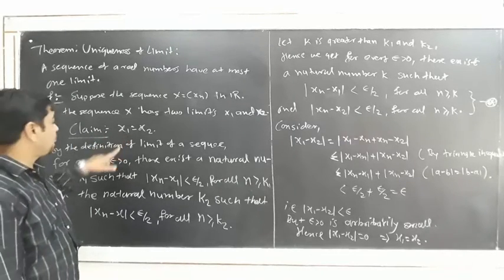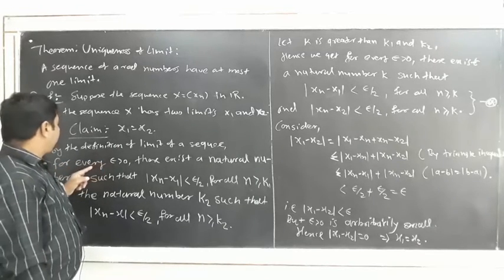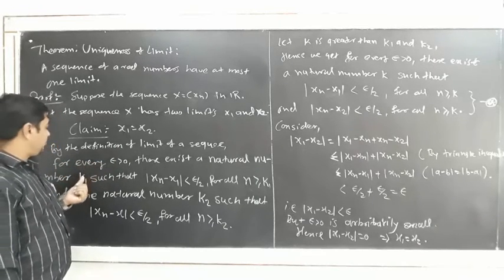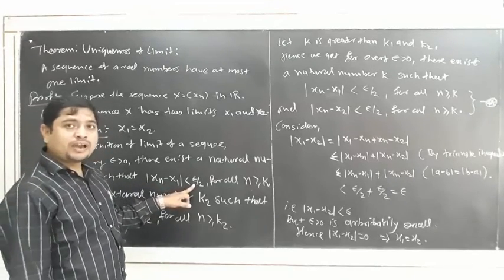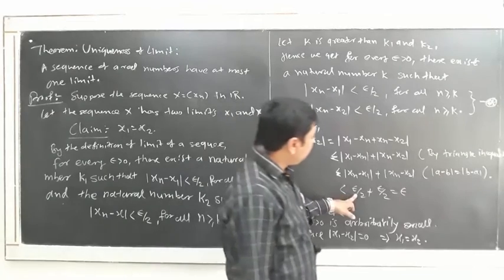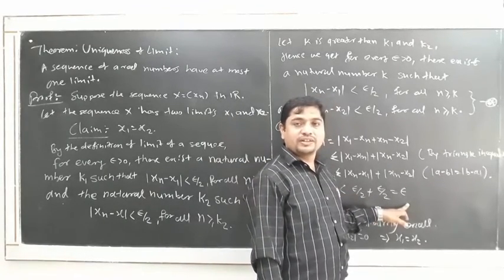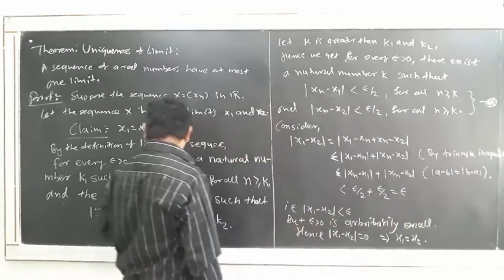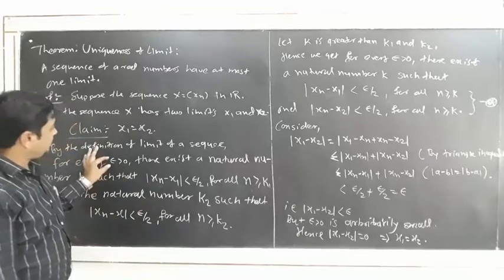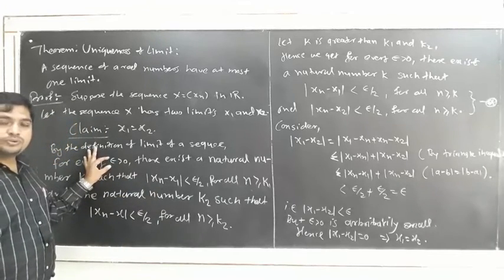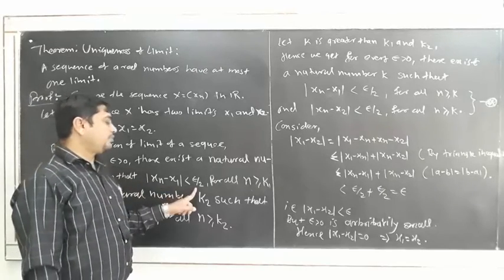First we write the definition of a limit of the sequence x, and for the first limit we consider k1. Why are we taking epsilon by 2? Because we need epsilon by 2 plus epsilon by 2 to equal epsilon. You can take different symbols also, this is no problem, but we take epsilon by 2.